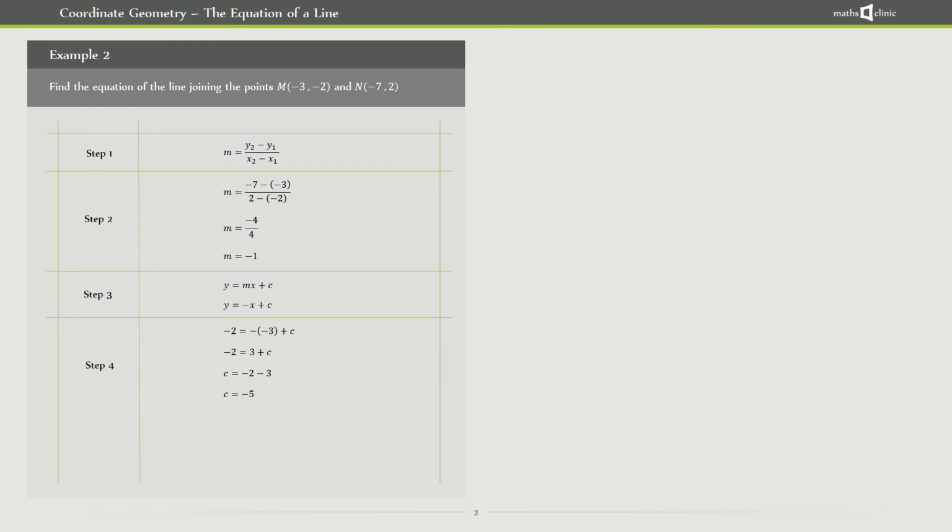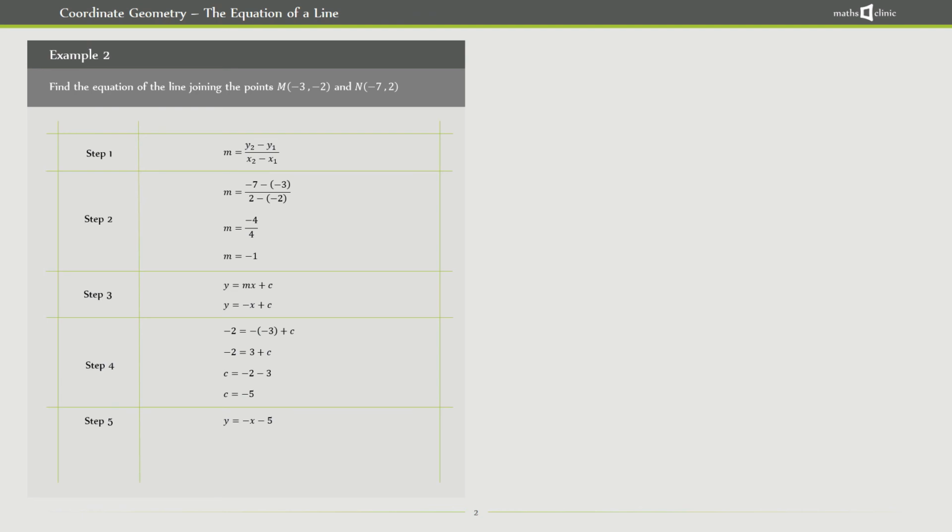So you can pretty much use either of the points for this step, and basically you have your m, you have your c. I believe we can go ahead and say that the equation of our line is y equals -x minus 5.